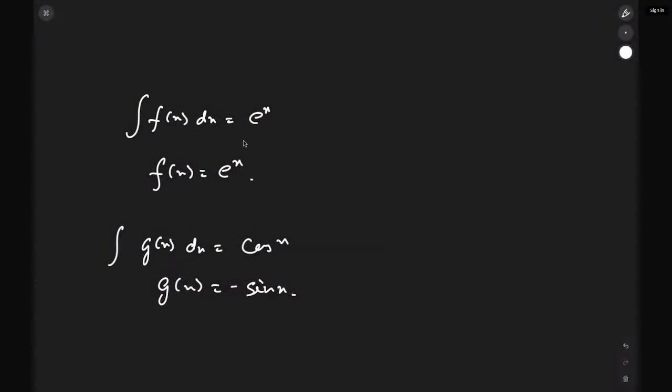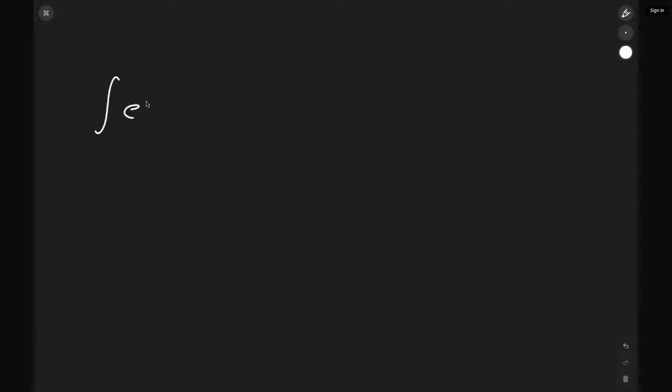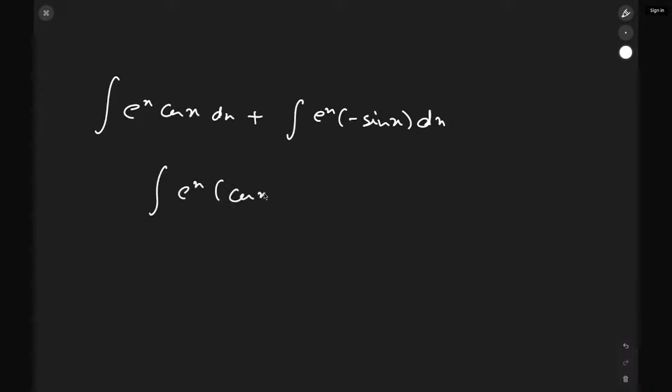The question asked us to find the integration of e^x cos x dx plus the integration of e^x times minus sine x dx. So e^x (cos x minus sine x) dx. Now the solution for this whole term we already know. It will be e^x cos x plus c. So this will be the solution for this question.